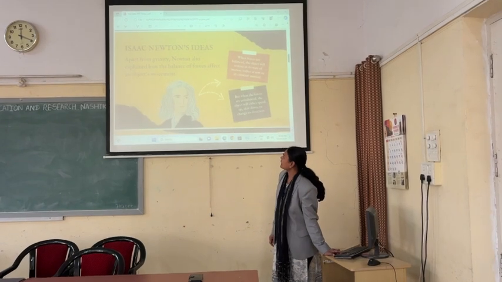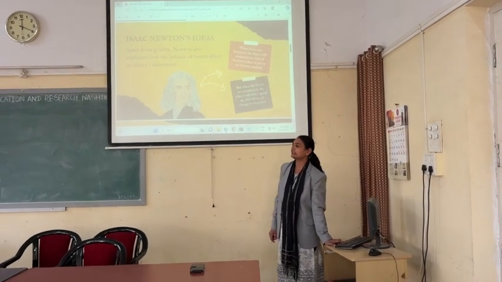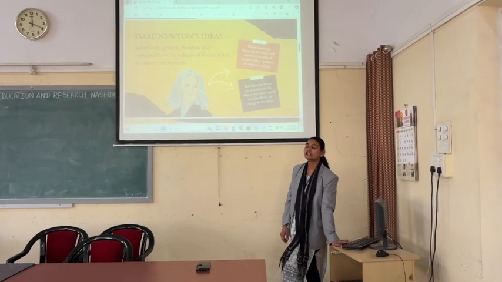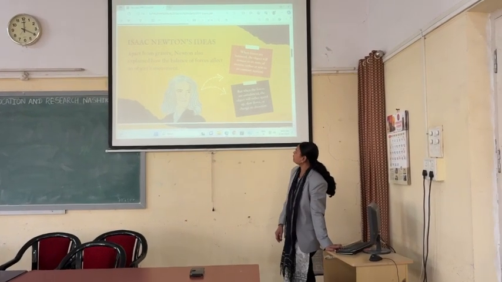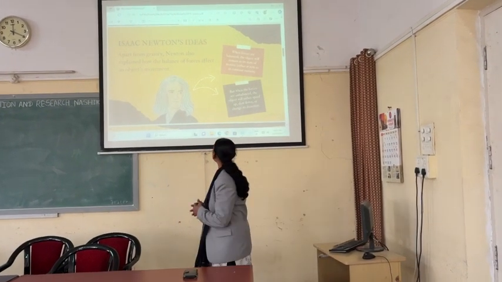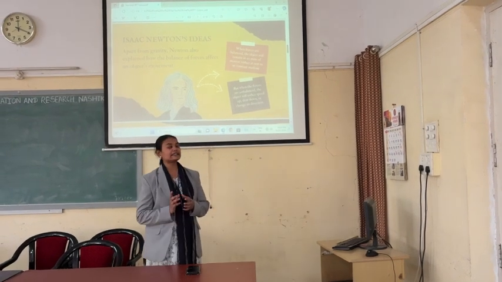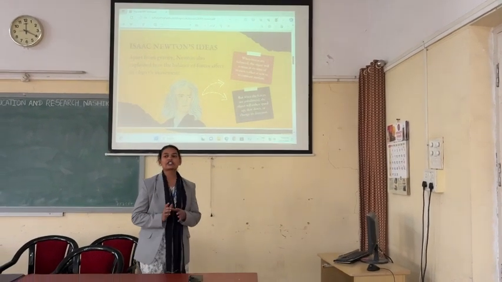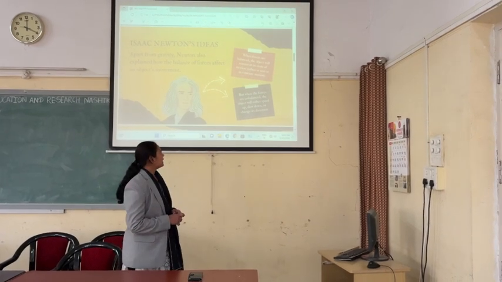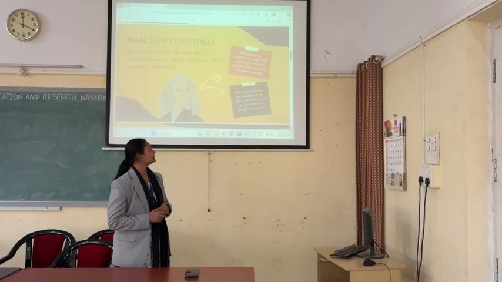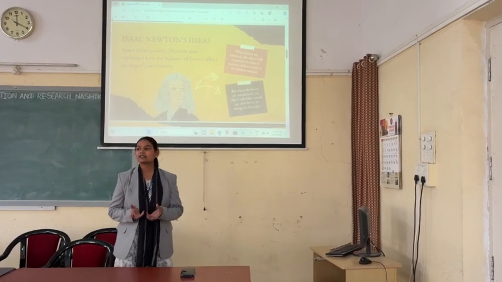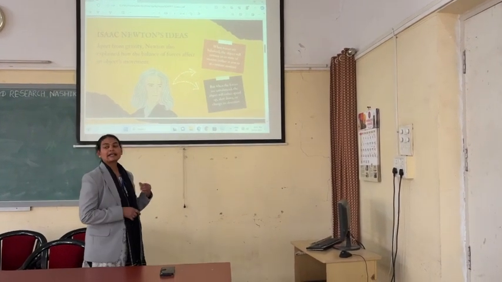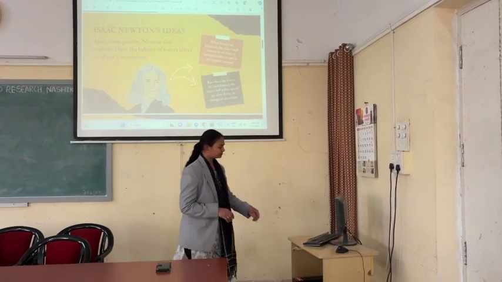So, Isaac Newton's ideas, apart from gravity, Newton also explained how the balance of forces affects the object's movement, in which when forces are balanced, the object will remain in its state of motion, either rest or constant motion. But when the forces are unbalanced, then the speed changes or it slows down, and the direction will be changed.